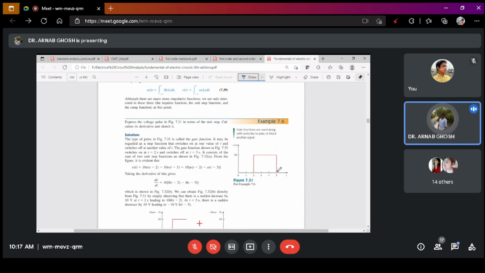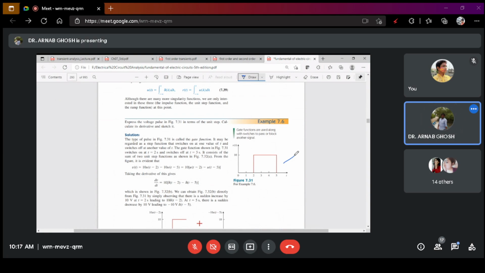You do not have any intermediate step. That is, the voltage is not decreasing or increasing with respect to time. This has just two steps, 0 or 1. So this is a step response. This is a voltage pulse in terms of unit step.